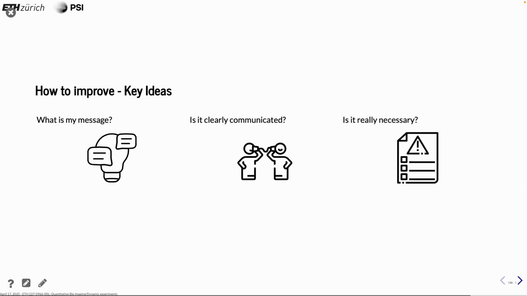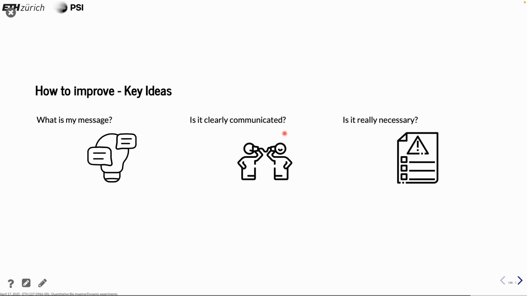So how to improve this, you have some steps. First of all, what is my message? What do I want people to actually learn from my plot or my drawing? Then next one, is it clearly communicated? Can someone actually get the message you want to tell them?